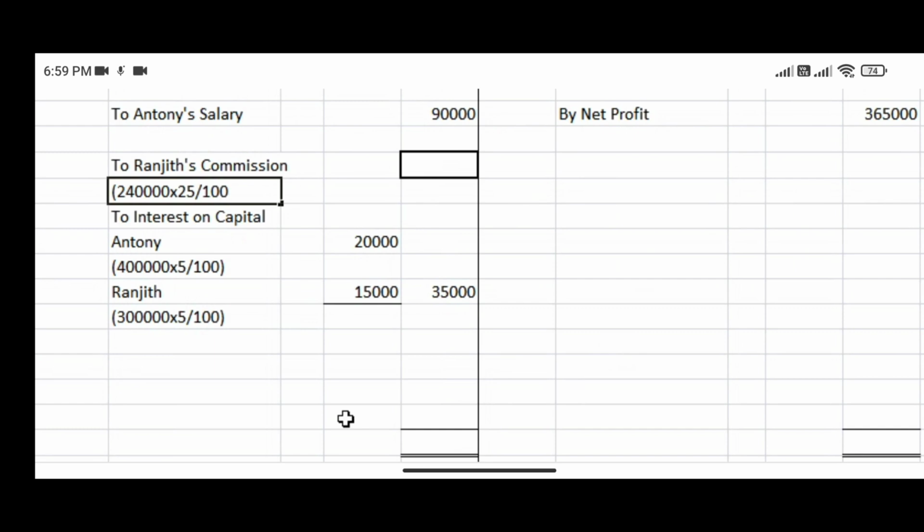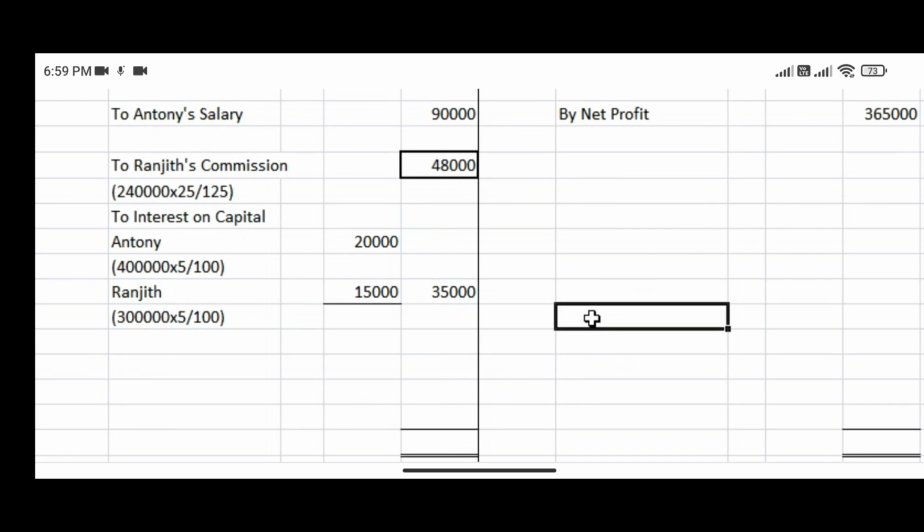So when I add it, I will get 125 as my denominator. So now after cancelling, we get a commission of 48,000.